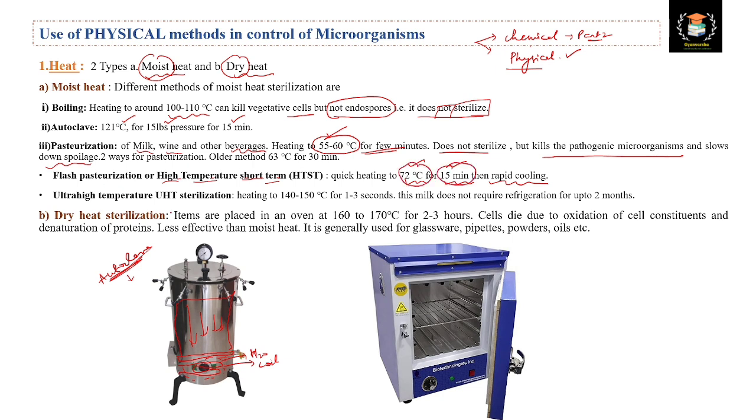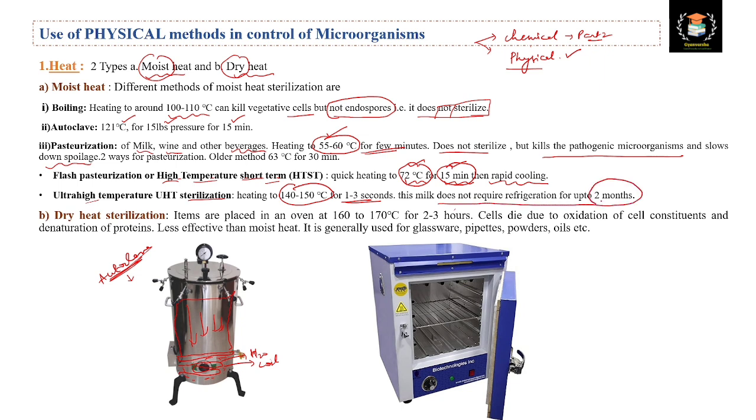Then the next is ultra high temperature sterilization. Here there is heating to 140 to 150 degrees Celsius for 1 to 3 seconds, and this milk does not require refrigeration for up to 2 months.